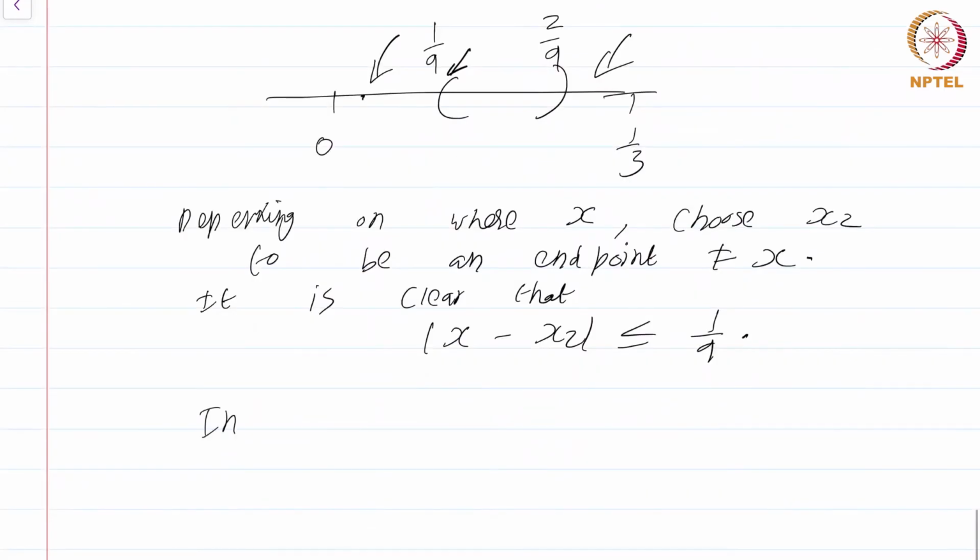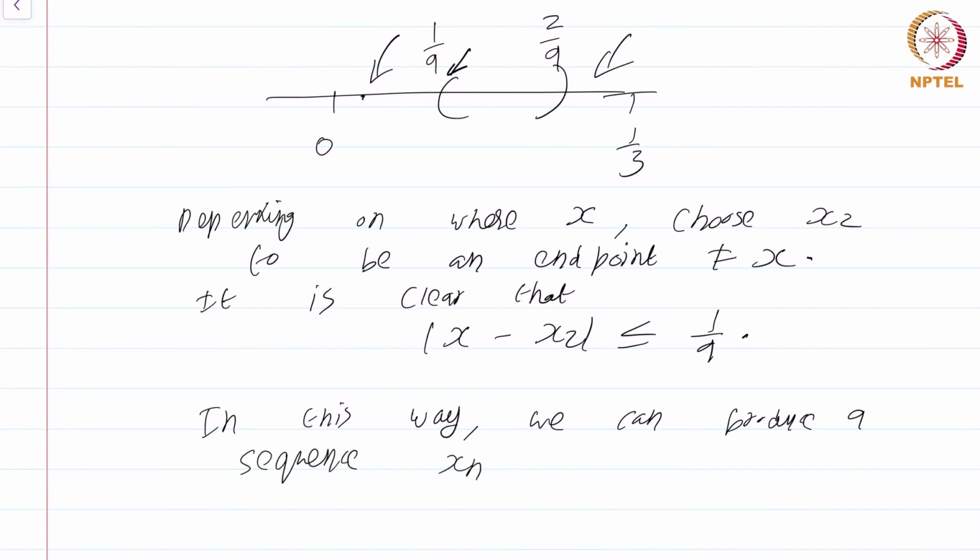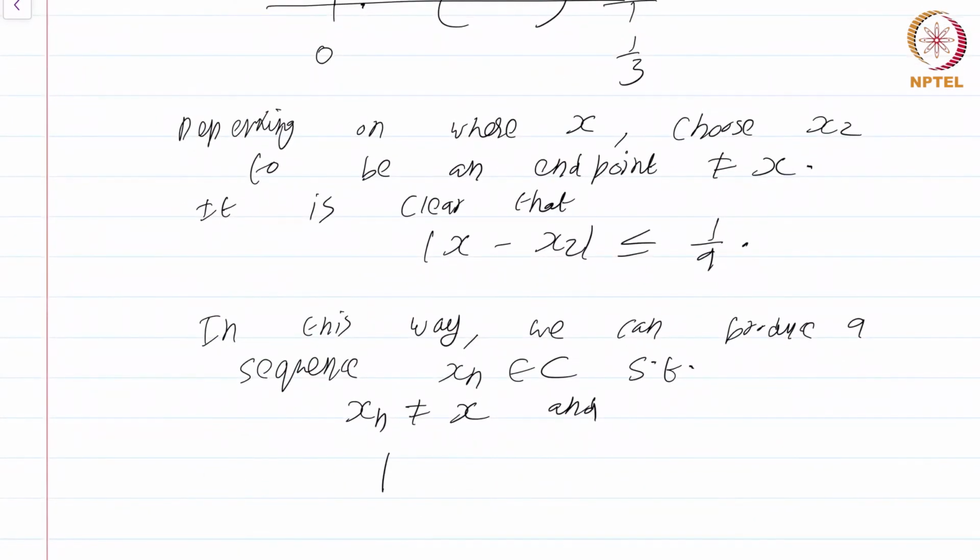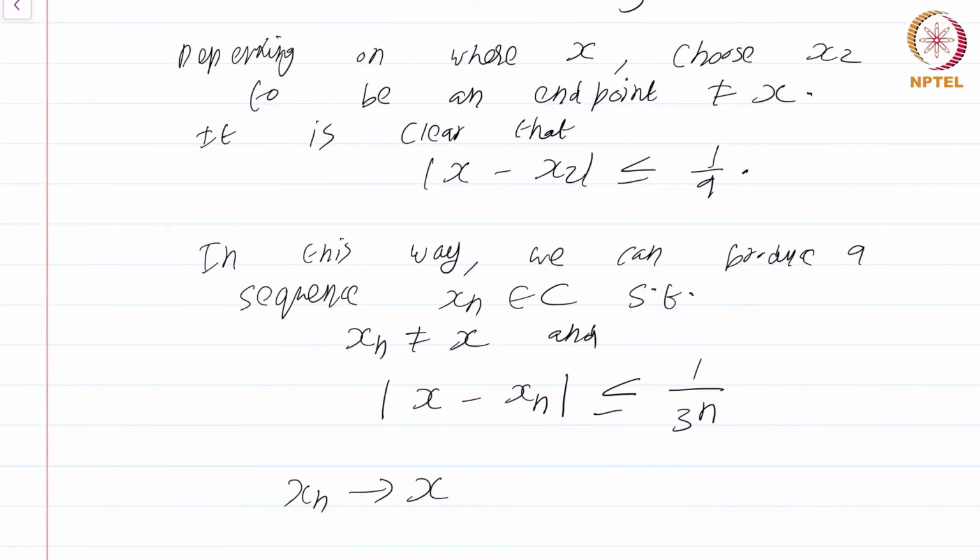In this way, we can produce a sequence xn in C, all of them actually endpoints, such that xn is never equal to x and mod x minus xn is less than or equal to 1 by 3 power n. In short, xn's converge to x.